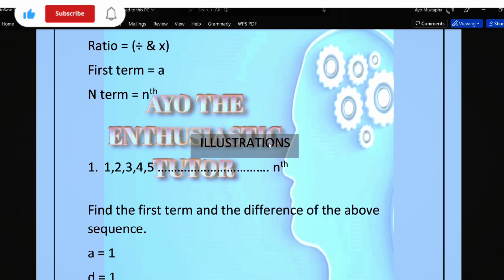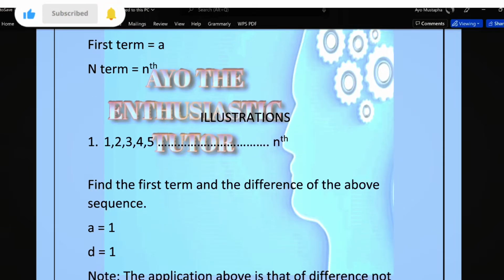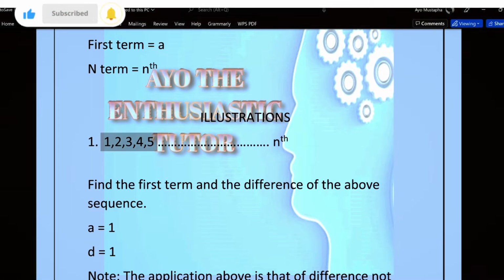You get to understand this as we commence in this tutorial. Our first illustration says 1, 2, 3, 4 to infinity to our nth term. Find the first term and difference of the above sequence. This is a sequence 1, 2, 3, 4, 5, dash dash dash to infinity.